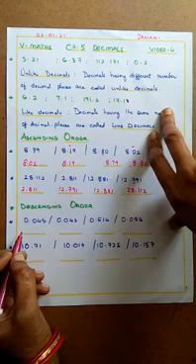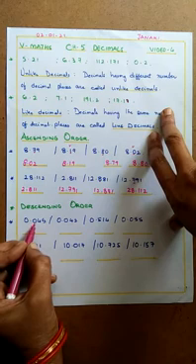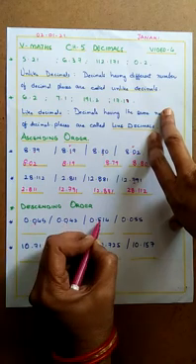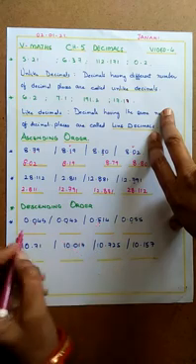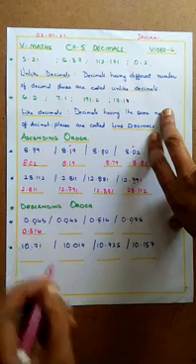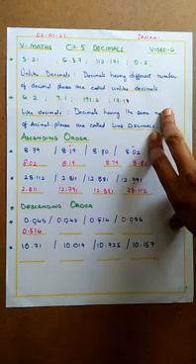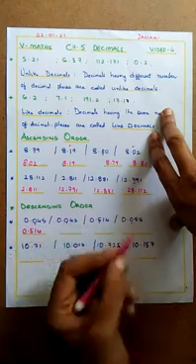Descending order is from the bigger number to the smaller number. Out of these, let us take the 10th place: 0, 0, 5, 0. So 5 is the biggest one. Writing in descending order, you write 0.514.